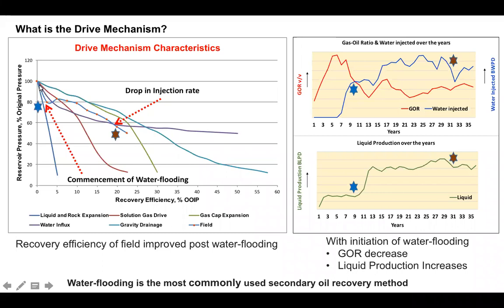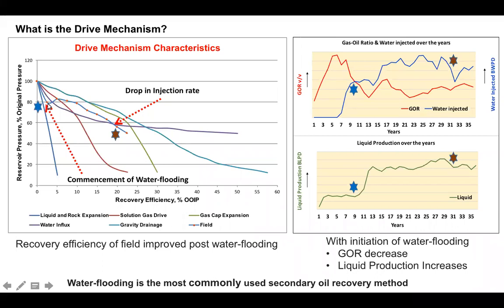So what happened here? The field was put on production. Now we see that the plot resembles a reservoir on solution gas drive. But then an event occurs in the life of the field. The field is put on water flooding.